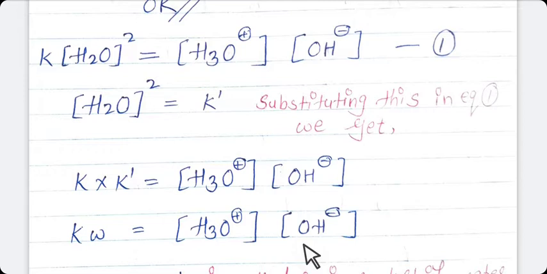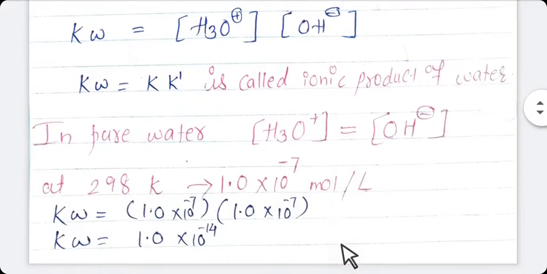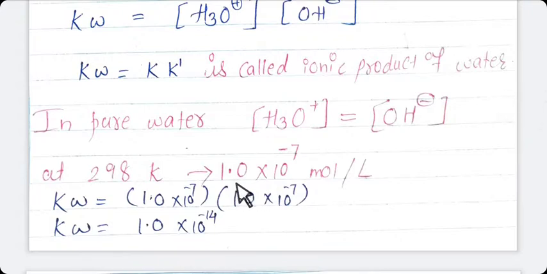Now students, always remember, in pure water hydronium ion concentration is always equal to hydroxyl ion concentration. For pure water, hydronium ion, meaning H3O plus, concentration is always equal to OH minus ion concentration. Thus, at 298 Kelvin, this concentration value will be 1.0 into 10 raised to minus 7 mole per liter.